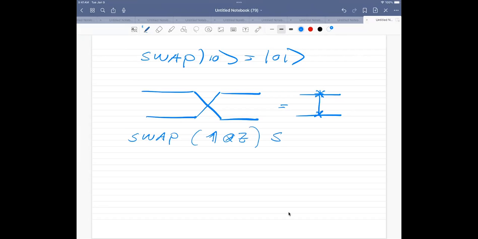So if you do that with a swap, and you do the algebra, what you get then is 1, 0, 0, 0, and then you have 0, 1, 0, 0, and then 0, 0, minus 1, 0, 0, 0, 0, and minus 1. So that's the final matrix.